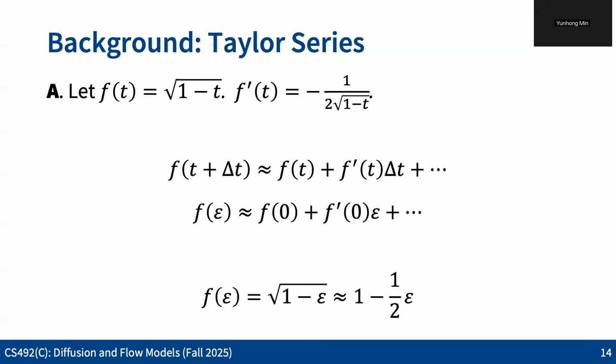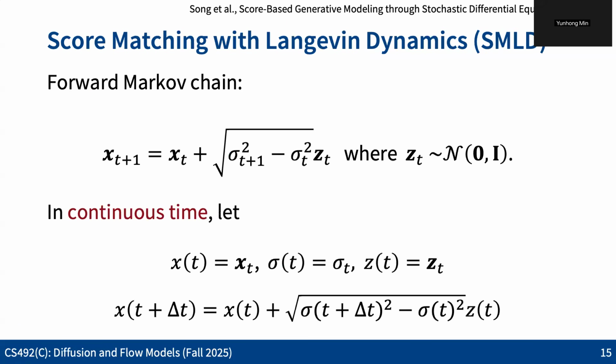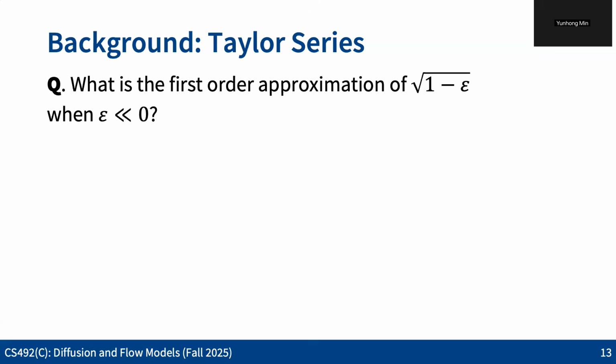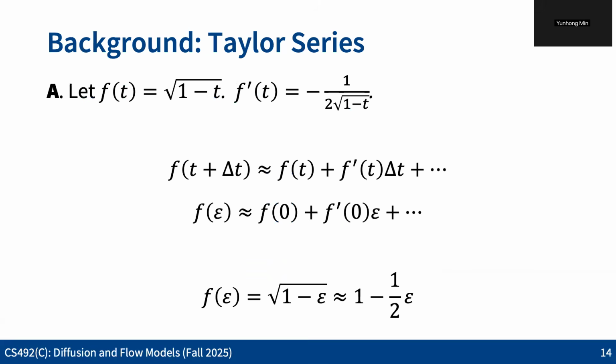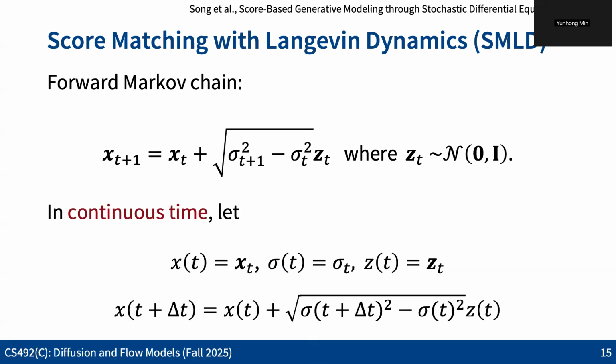Based on those, what we can see is, from the transition distribution for the SMLD here, which is defined in this way, we do the same Markov chain, replacing t and t minus 1 with t plus 1 and t, right? Then we're going to see those formulations.